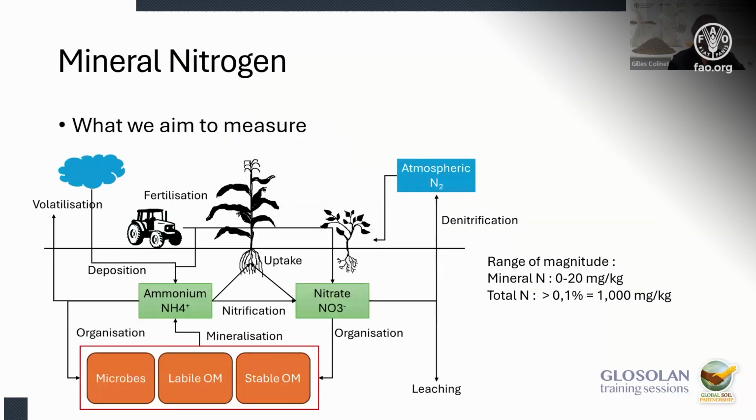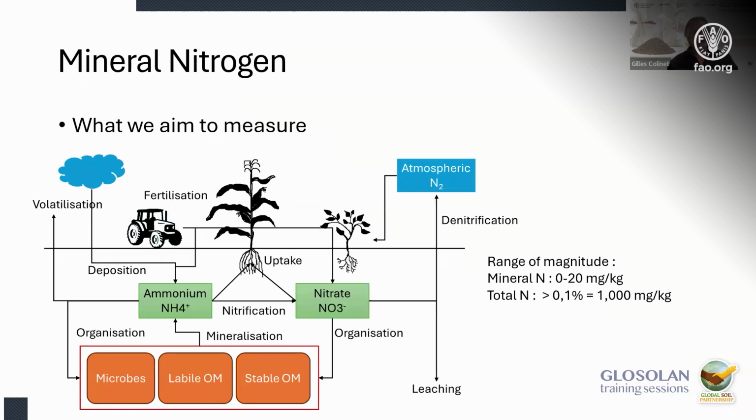So when we speak about mineral nitrogen, that's a slide I already showed in the general overview about soil fertility. Mineral nitrogen is mainly composed in the soils of ammonium on one side and nitrate on the other side.